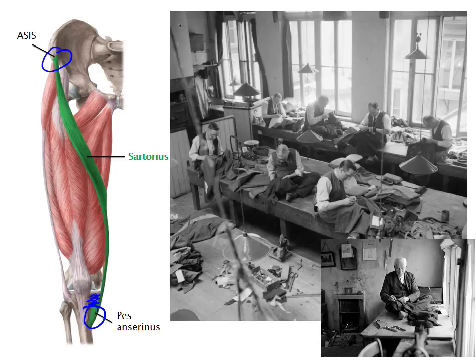So what is pes anserinus? It's Latin for goose foot, because there are these little striations in it, and it kind of looks like a goose's foot. So that's kind of neat. We've already seen one muscle from the posterior compartment that inserts onto the pes anserinus.